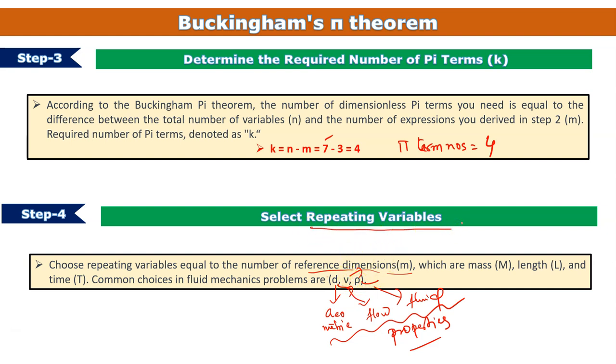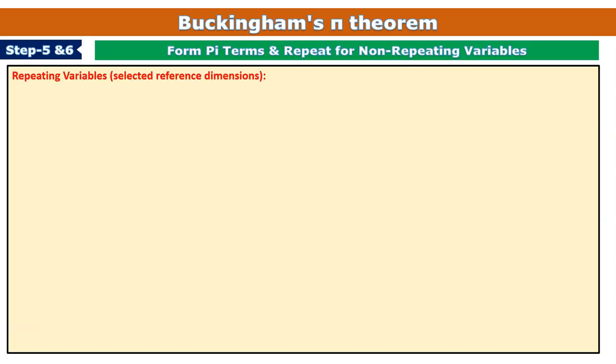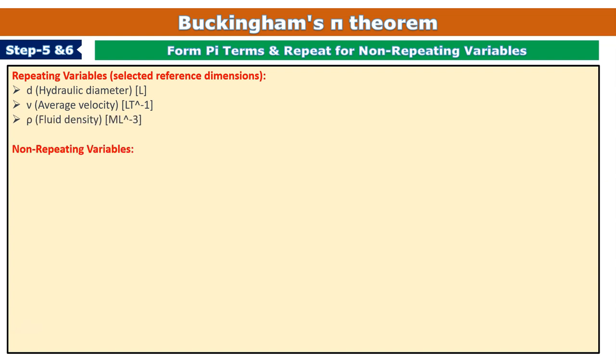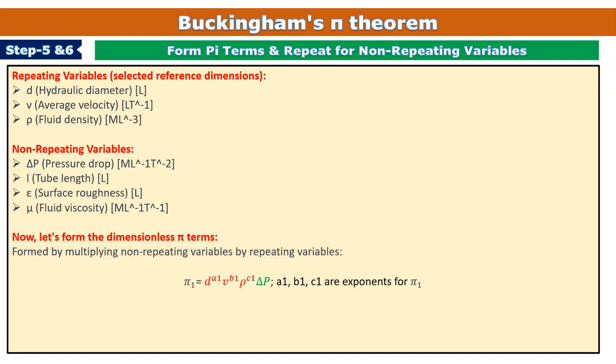Now the next step is to form the 4 pi terms. Here the repeating variables are D, v, rho, and the non-repeating variables are delta P, L, epsilon, mu. So let's form the dimensionless pi terms. Pi 1 will be D to the power a1, v to the power b1, rho to the power c1, these three repeating variables, multiplied by one non-repeating variable.